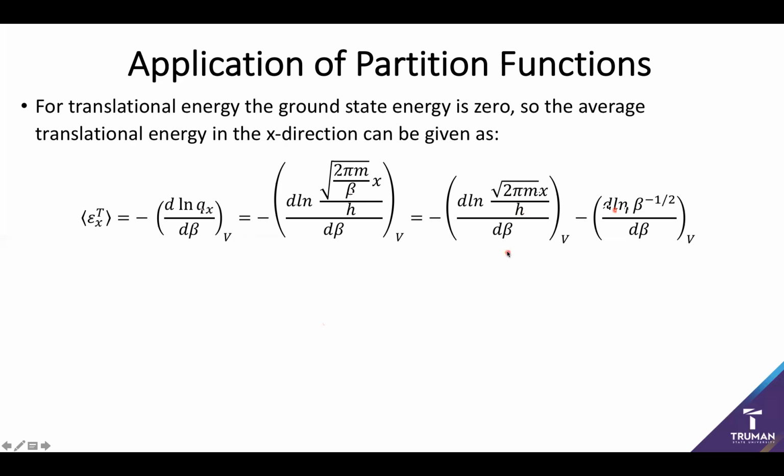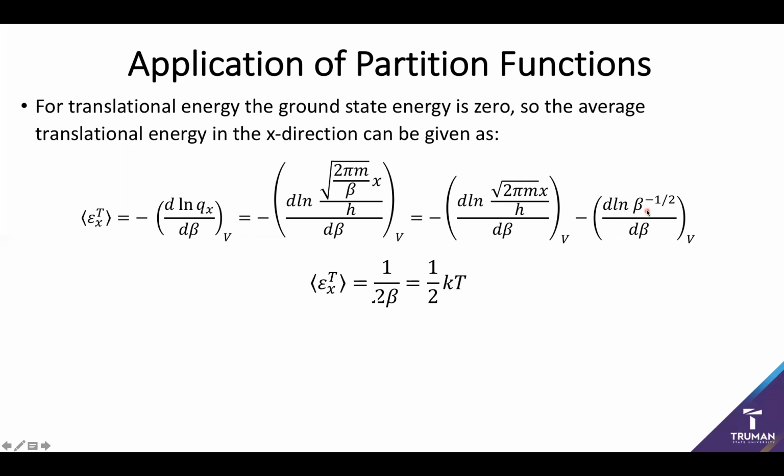So this whole former expression is just a whole bunch of constants, so it goes to 0. And all I'm left with is the negative of the derivative of the natural log of the negative square root of beta. Now this seems a bit messy, but by doing a simple derivative, we're able to just pop out 1 over 2 beta.